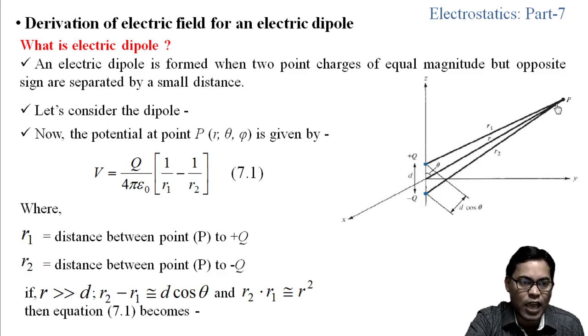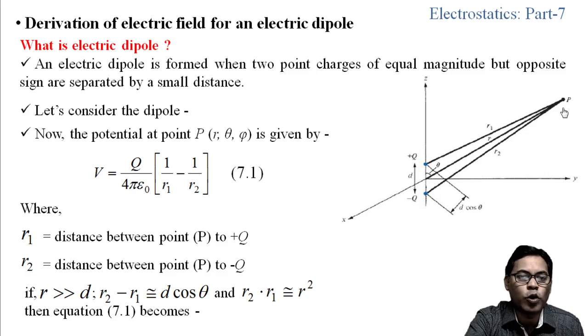Now the second step is to find the potential at the observation point P due to the minus q. Here it will be minus q by 4 pi epsilon naught r2, because the distance from the minus q to the observation point is r2.